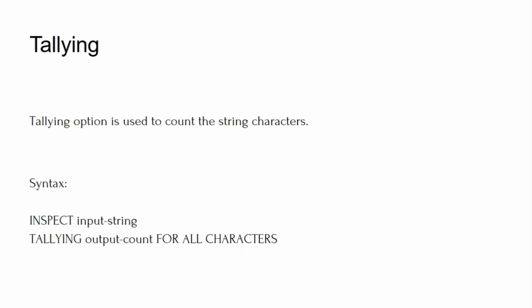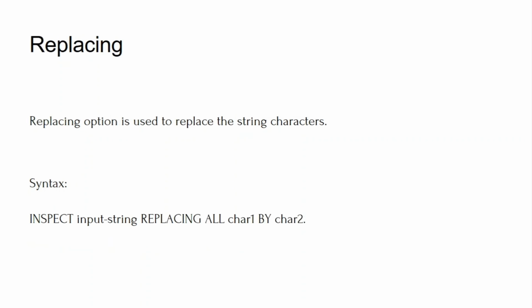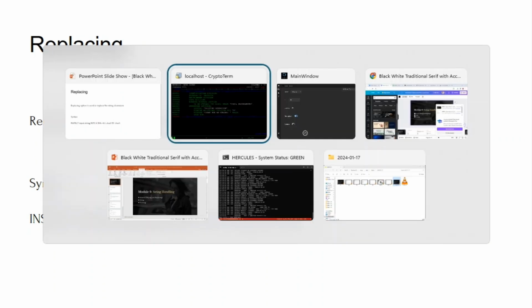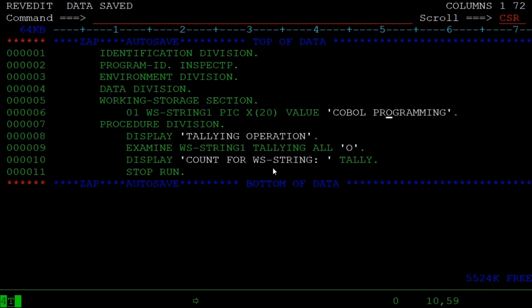The next statement in inspect we have is replacing. The replacing option is used to replace string characters. Here is the syntax: inspect input-string replacing all character1 by character2. Let's execute the program for replacing. Go to the mainframe. So guys, for replacing, we will replace these O characters with A using the replacing statement.